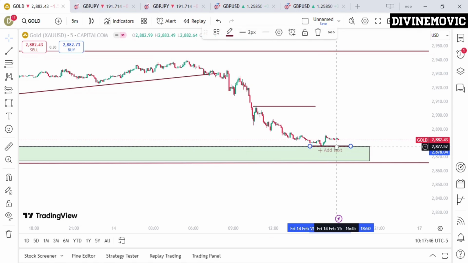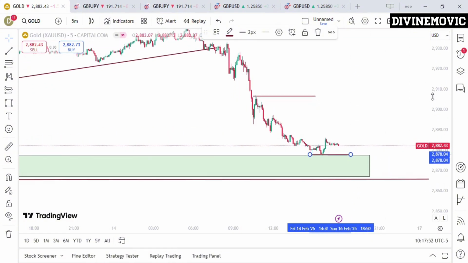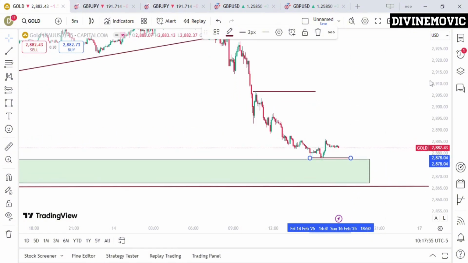Now, looking at this particular analysis right now, I can tell that this place is likely not going to hold. What price is going to do is this: price is most likely going to give people hope for a buy, and price is likely going to buy to the upside and then continue the sell.